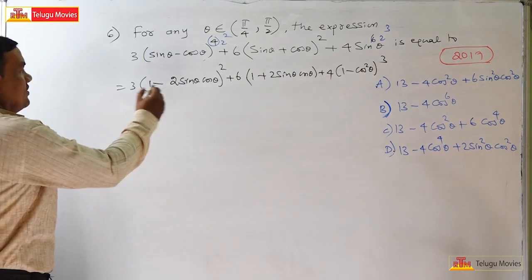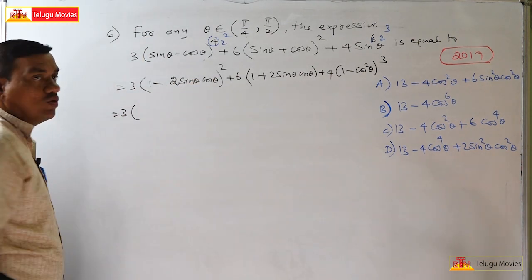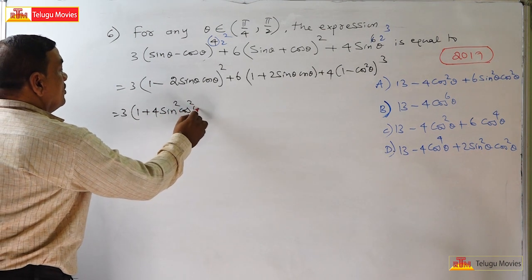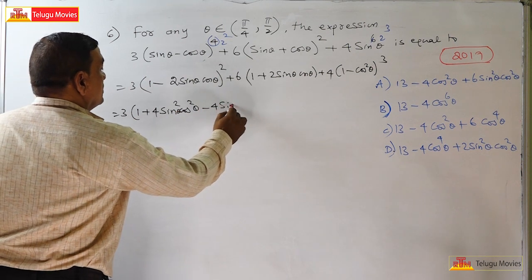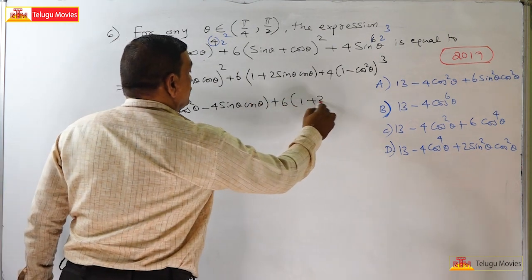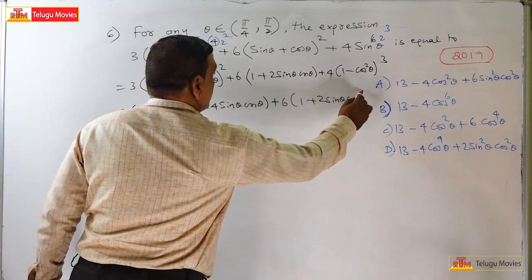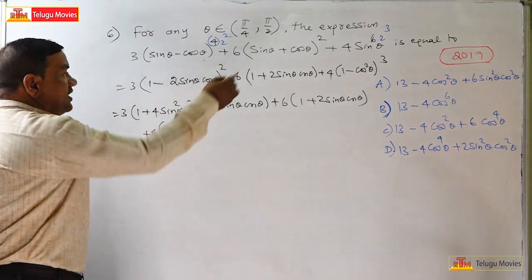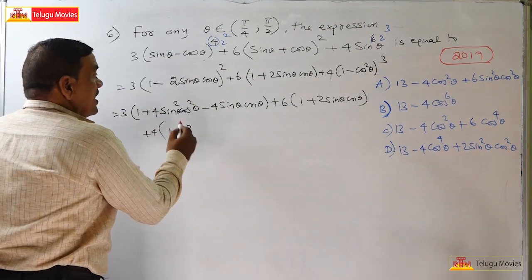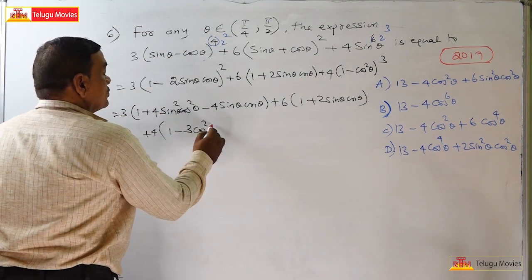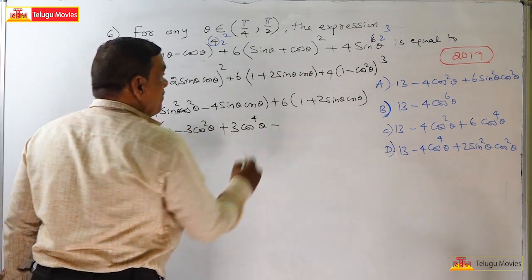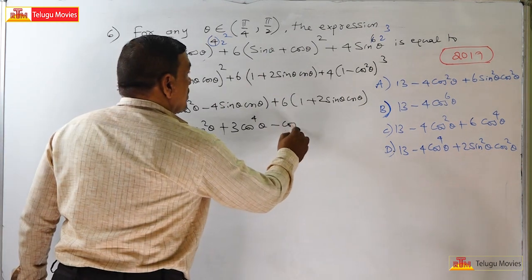Okay. Now hence again this is 3 into a minus b whole square, a square plus 4 into sin square theta into cos square theta minus 4 times sin theta cos theta plus 6 times 1 plus 2 sin theta cos theta plus 4 times, see here, a minus b whole cube. A minus b whole cube means what? A cube minus 3a square b, this is a cos square theta, plus 3a b square, that is a cos to the power of 4 theta minus b cube, that is equal to cos power 6 theta.